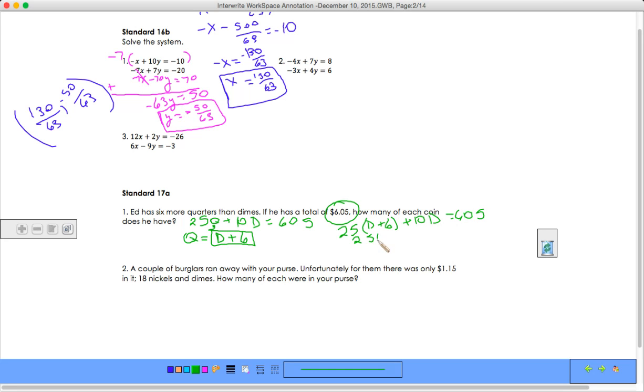That gives me 25D plus 150 plus 10D equals 605. We're going to combine like terms, and that'll give me 35D plus 150 equals 605. Subtracting the 150 from each side, I get 35D equals 455.